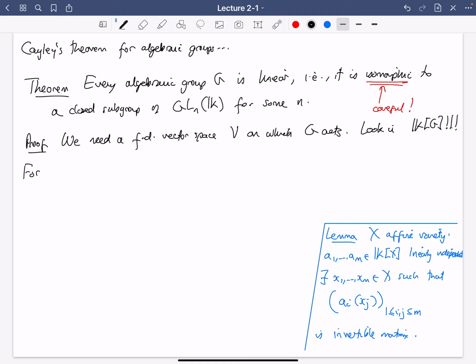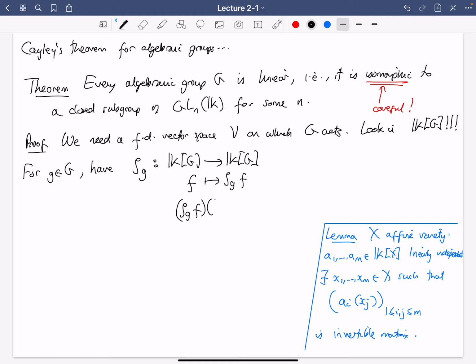So if you have any element little g in G, there's a linear map I'm going to call rho sub g from the coordinate algebra of G to the coordinate algebra of G. I'll call this right translation by g. So this is just sending a function f in the coordinate algebra to rho_g of f, the right translation of f by g, where rho_g f is the function whose value on some other h is f of hg.